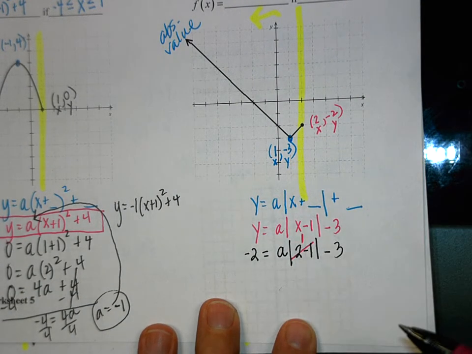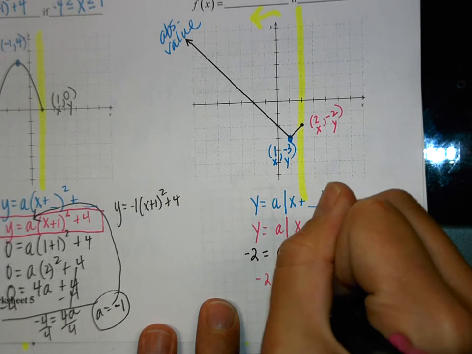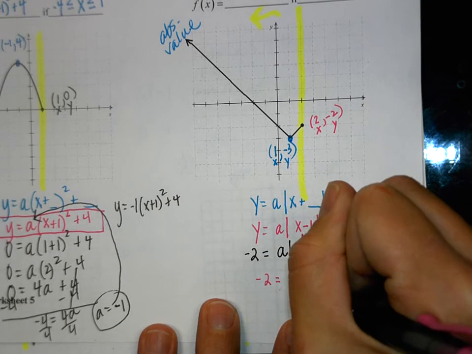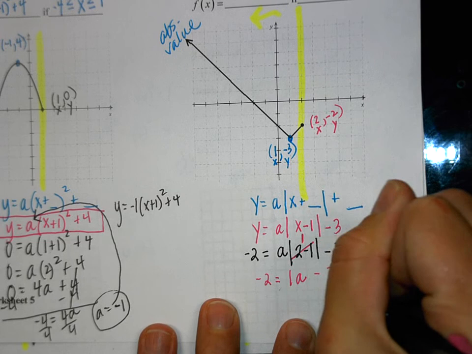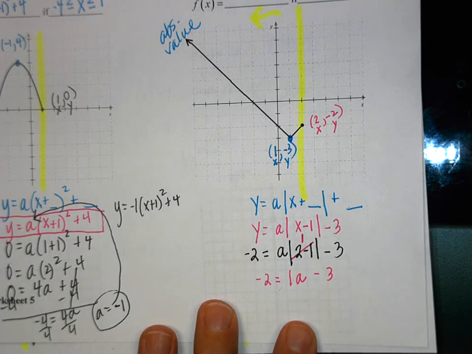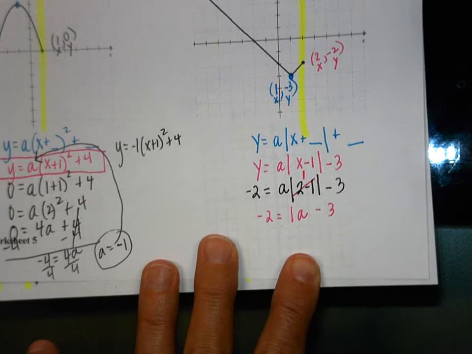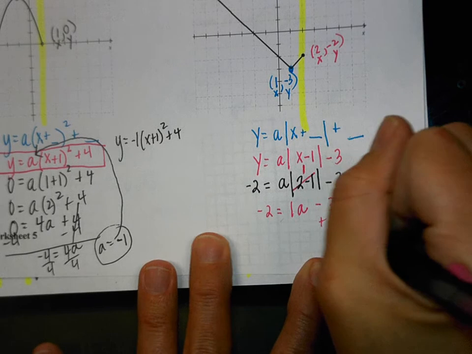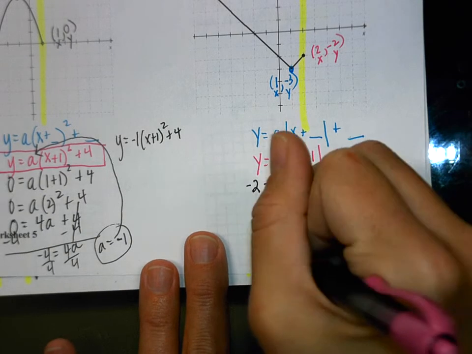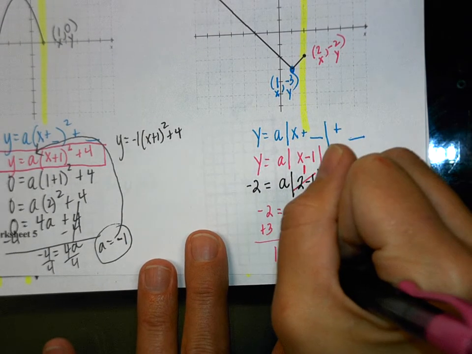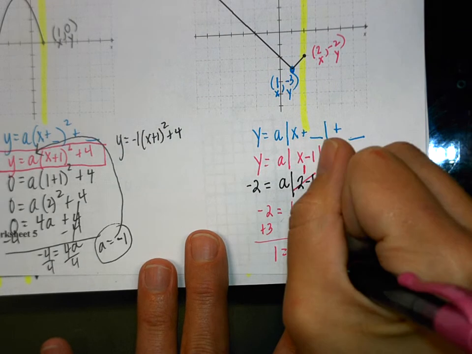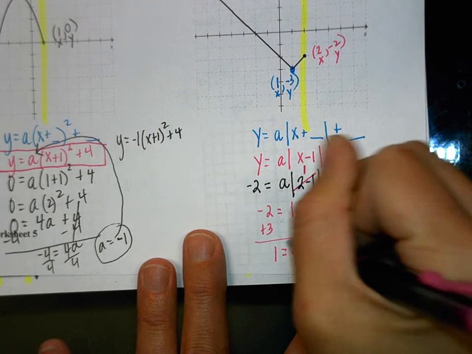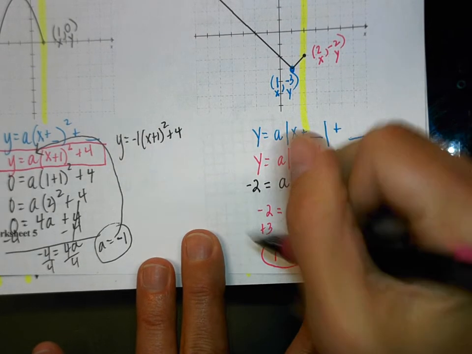So -2 equals 1a minus 3. What would I do next to solve this? Add 3 to both sides, and what's -2 plus 3? 1. So 1 equals 1a, or 1 equals a. So that is the value to plug in for a.